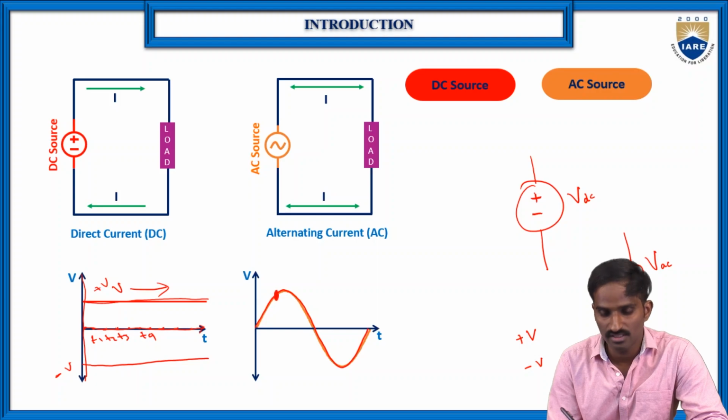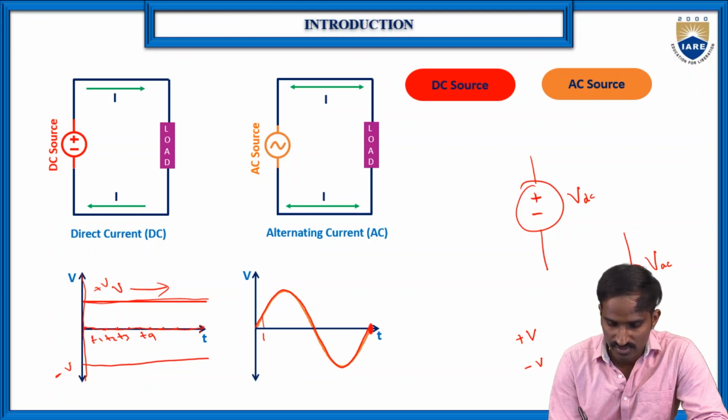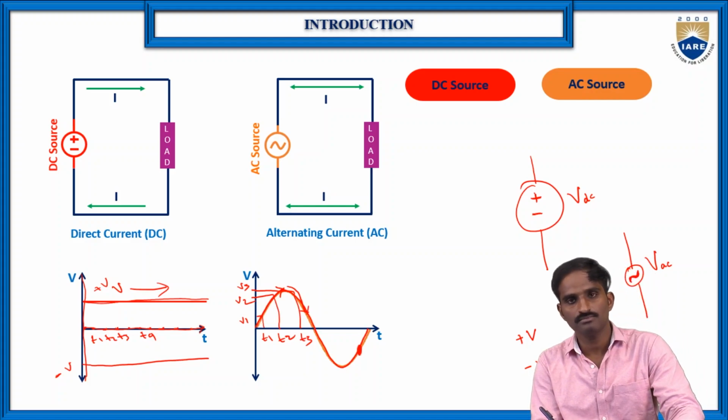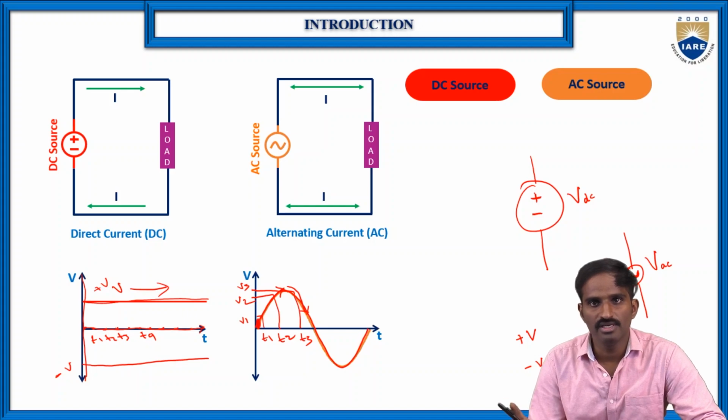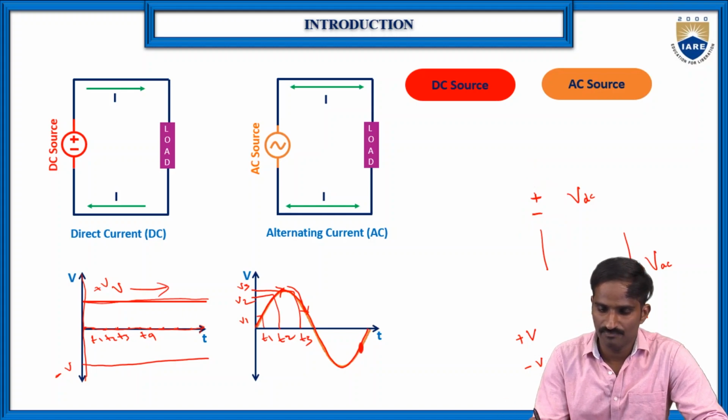But in case of AC, let us consider T1, T2 and T3. At T1 the magnitude is different, let us consider V1, at T2 it is V2, and at T3 it is V3, and the direction is also up to here in this direction, and then the direction changes. So this is the basic difference between the DC and AC.